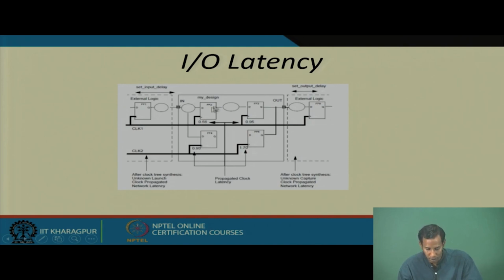Suppose this is my block, my design, and this is the external block connected to my design. This is the amount of input delay to my design, and if my block is connected with some other blocks, then what will be the amount of delay requirement from this particular output to the input of the other blocks.